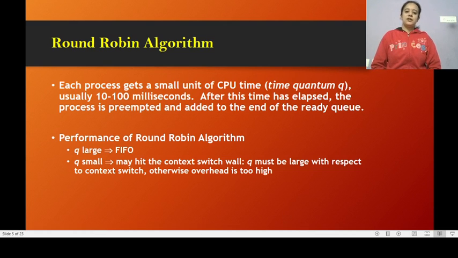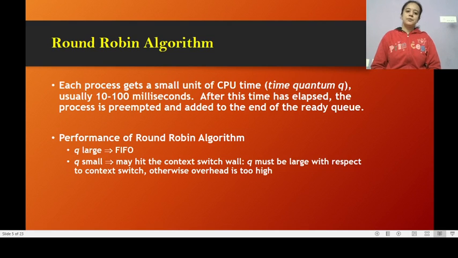Round robin is one of the simplest algorithms. In this, each process gets a small unit of CPU time. It is also called a time quantum and is represented with Q, usually between 10 to 100 milliseconds. After this time has elapsed, the process is preempted and added to the end of the ready queue.